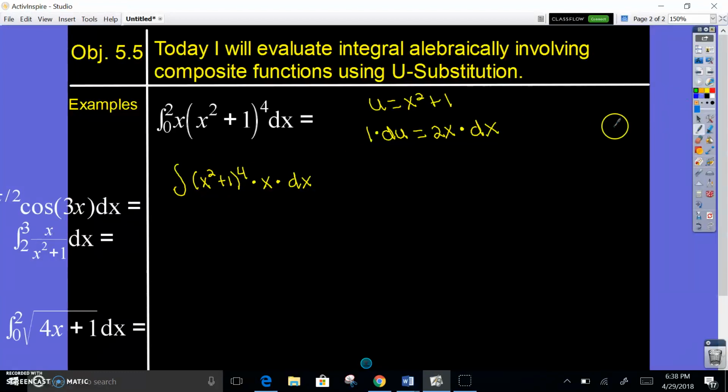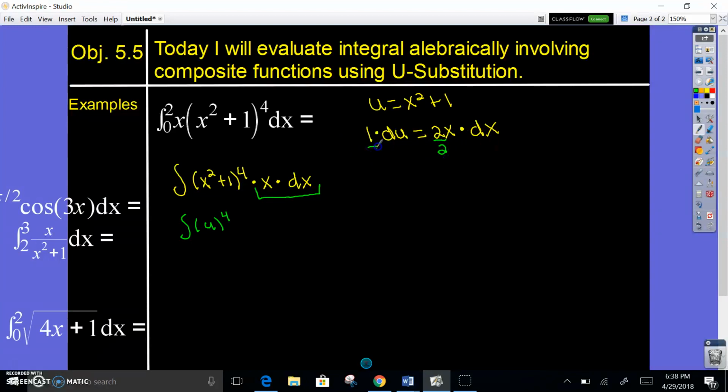So this whole expression here is going to get replaced with u. I'm going to have the integral of x squared plus 1, which is just u to the 4th power. And so now I've got to get rid of x dx. But I don't have x dx, I have 2x dx. So that's an easy problem to solve.